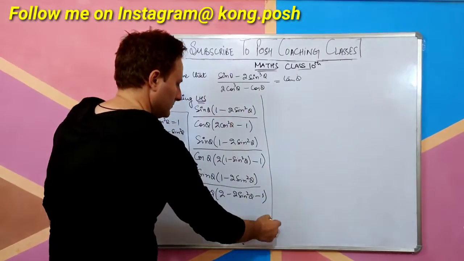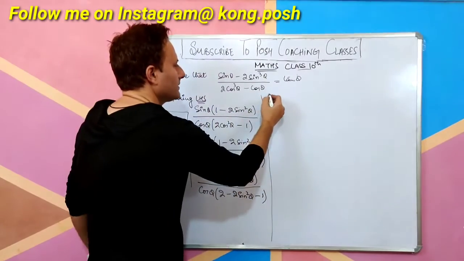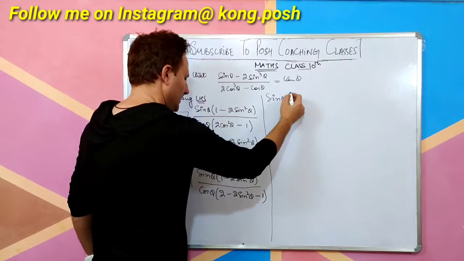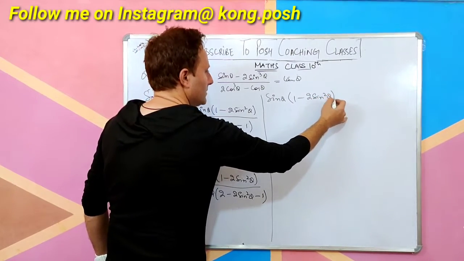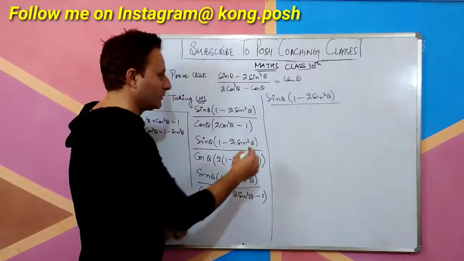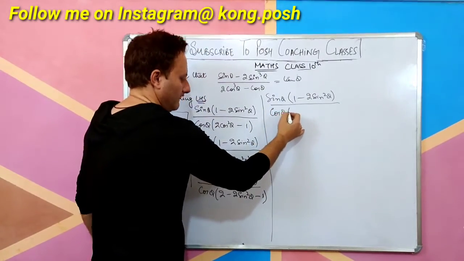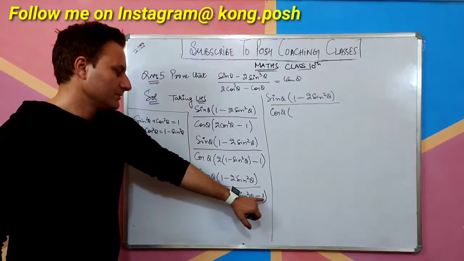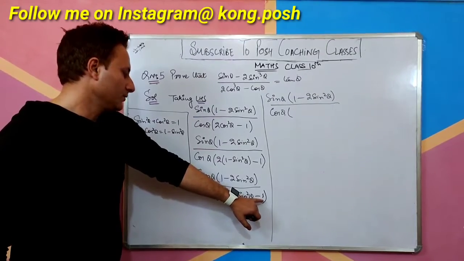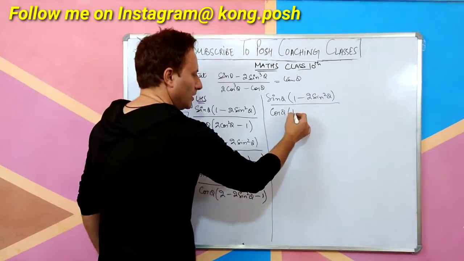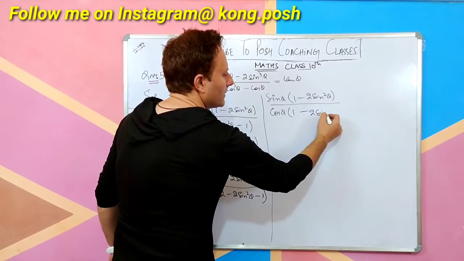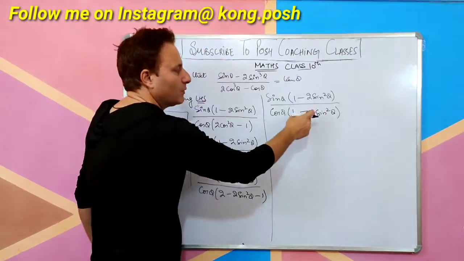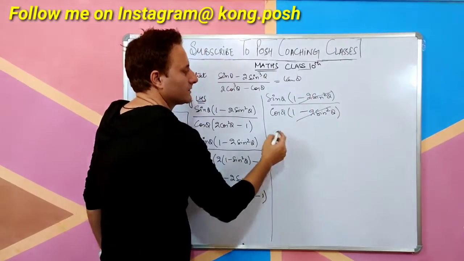Now this thing is still the same, sine theta 1 minus twice sine square theta whole divided by cos theta, then 2 we have subtracted with 1, so 2 minus 1 is 1 minus twice sine square theta, both are identical, just cut them off.